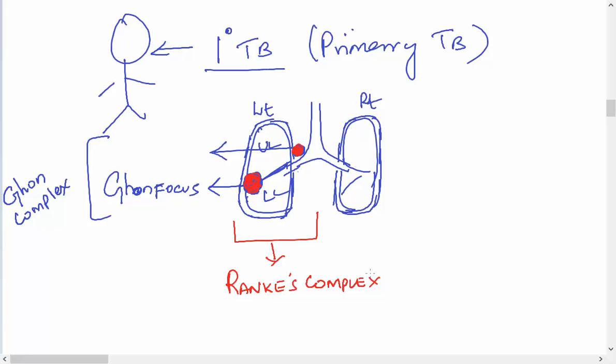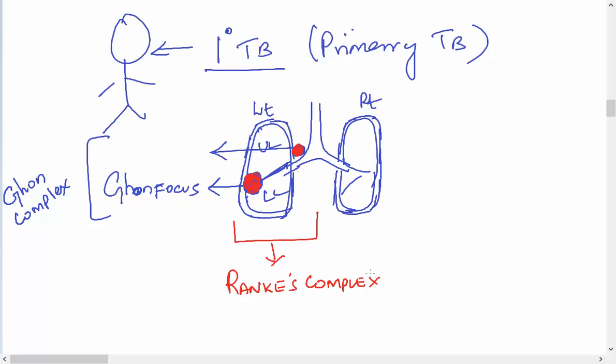So what's the difference between Ranke's complex and Ghon complex? See, Ghon focus is the lung lesion. If they went to the lymph node, then they will produce the lymph node lesion. Both together are called Ghon complex. Because once they enter the lung, after 3 weeks they grow in the macrophage and go to the circulation, then to the nearby lymph node.